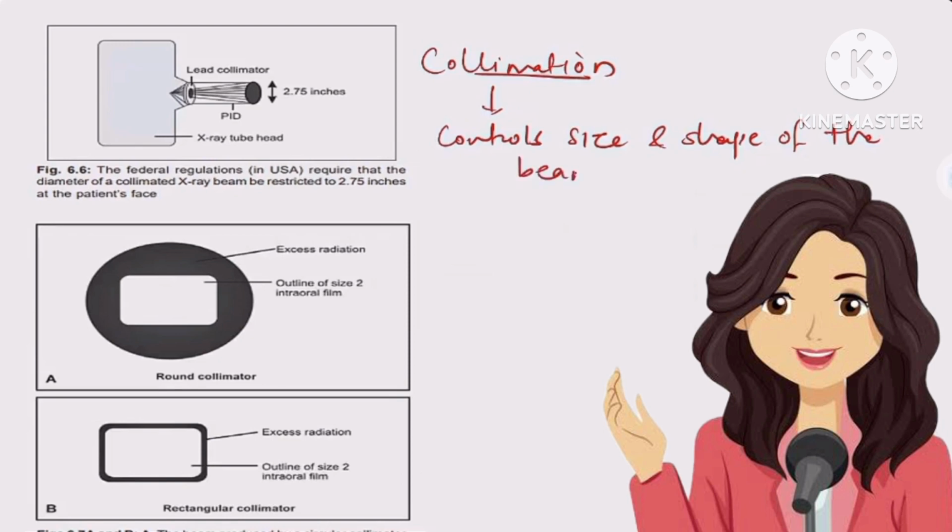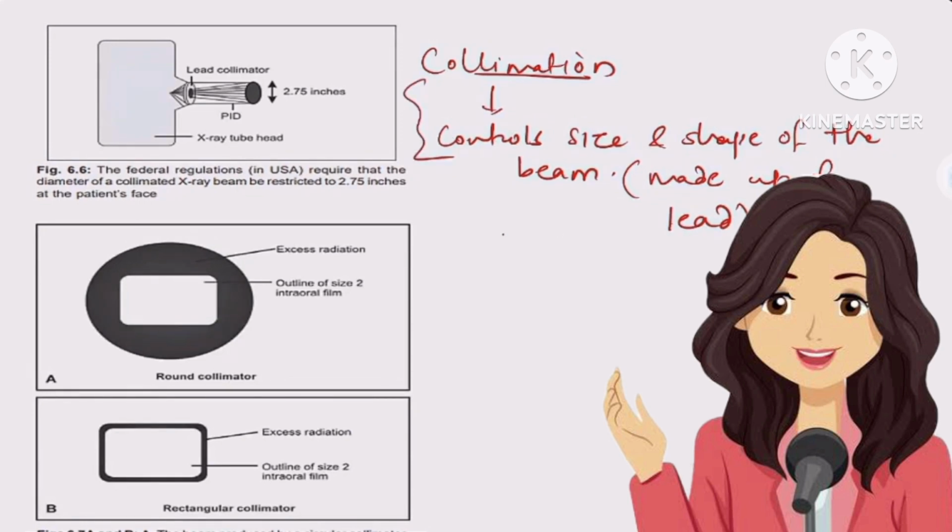Collimator is basically made up of lead. Collimation controls the size and shape of the beam.